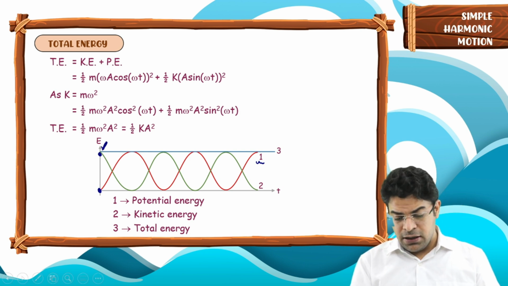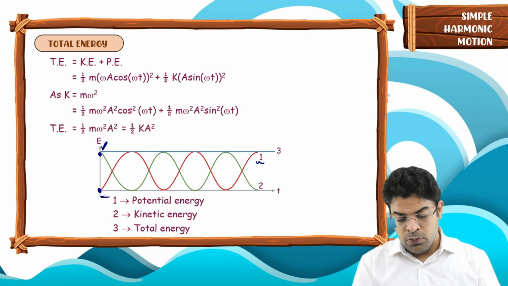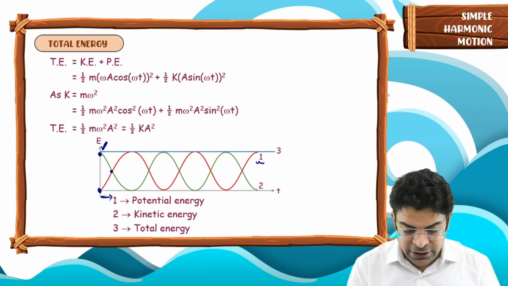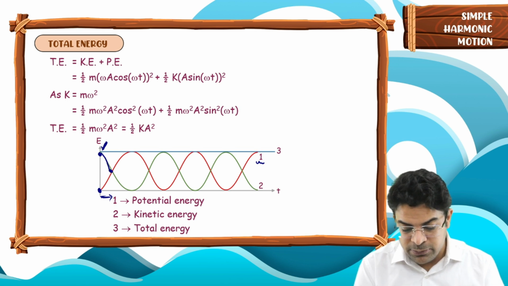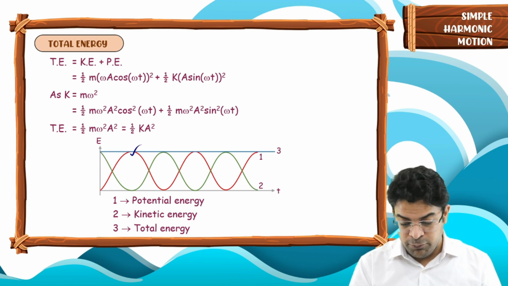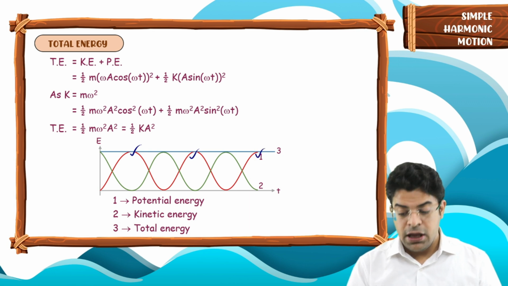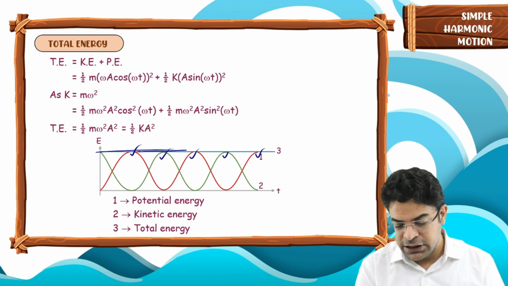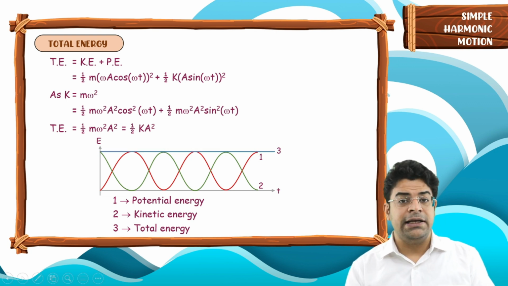As the particle goes from mean towards the positive extreme, the potential energy keeps on increasing, the kinetic energy keeps on decreasing, but their sum, the total energy, remains constant. Moreover, the maximum possible value of potential energy equals the maximum possible value of kinetic energy, and that equals the total energy. Keep this in mind.